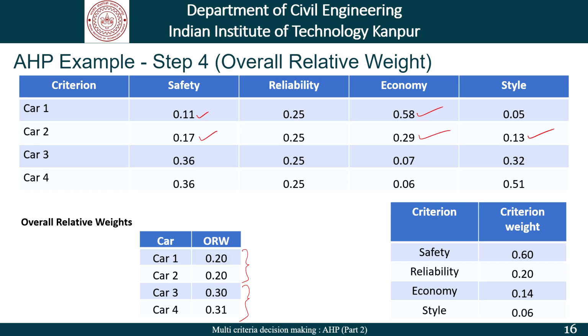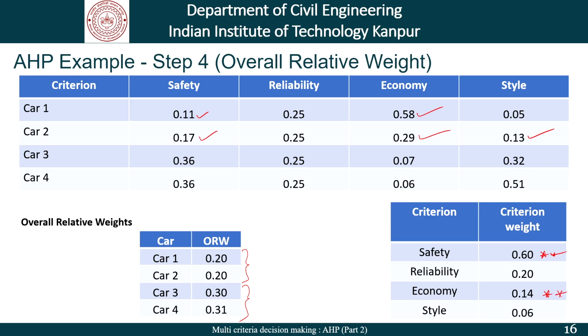Now, we had assigned different weights to each of these. Car 2 was better in terms of safety, and safety had one of the highest weights. On the other hand, car 1 was better than car 2 in terms of economics. Economy also had a weight of 0.14.